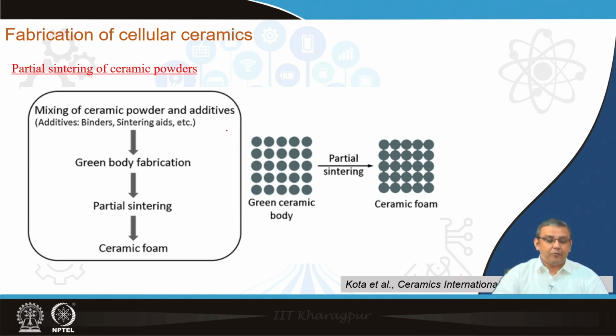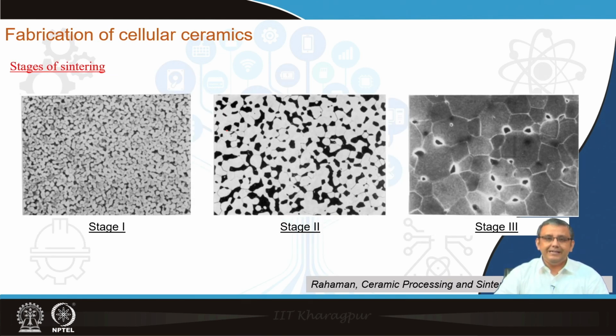The process steps are shown over here. The basic steps are the same as we discussed in the previous lecture: the mixing of the ceramic powder and the additives, then we fabricate the green body either by cold isostatic pressing or uniaxial pressing, and then we apply partial sintering. We can imagine this as not continuing the sintering to stage 3 as shown in this slide, but rather stopping the sintering somewhere in stage 2.